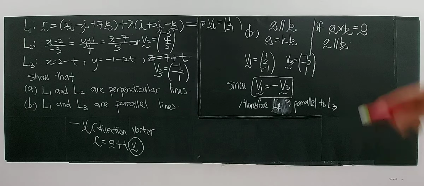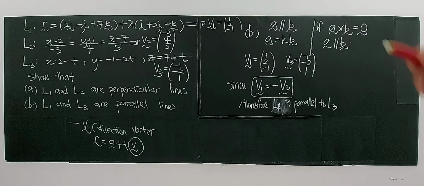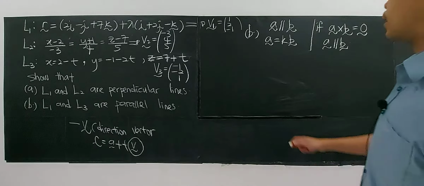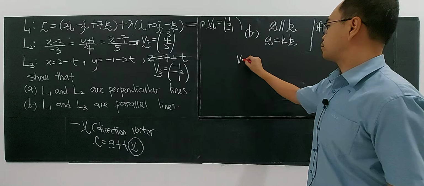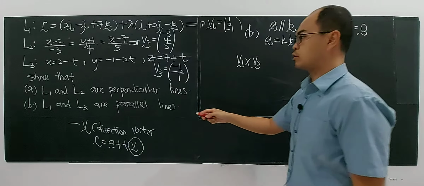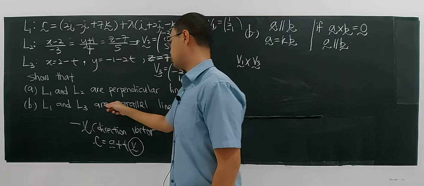Another way is using the cross product. We take V1 cross V3, because we want to show that line 1 and line 3 are parallel.